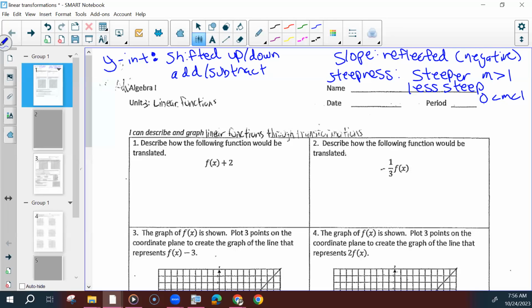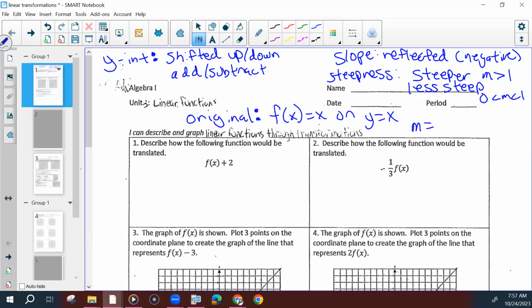So I'm going to put the original so that we know what we're always comparing it to. This will always be the original function you're comparing everything else to. f of x equals x, or y equals x.